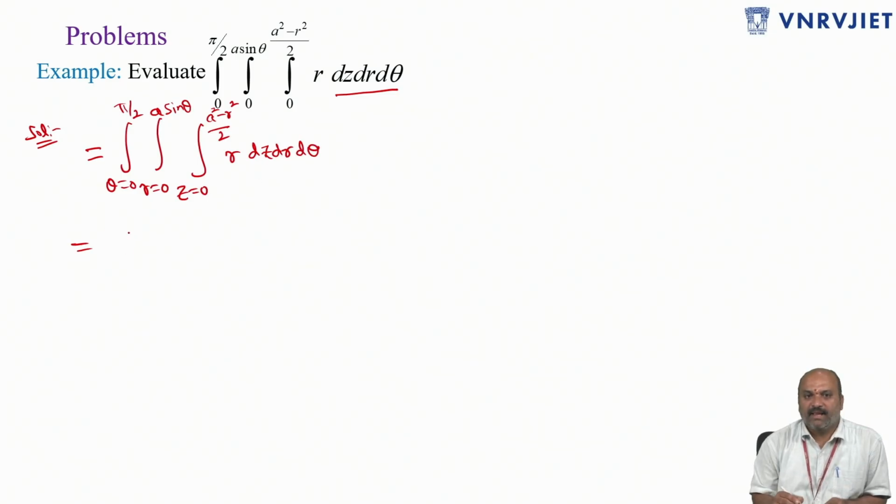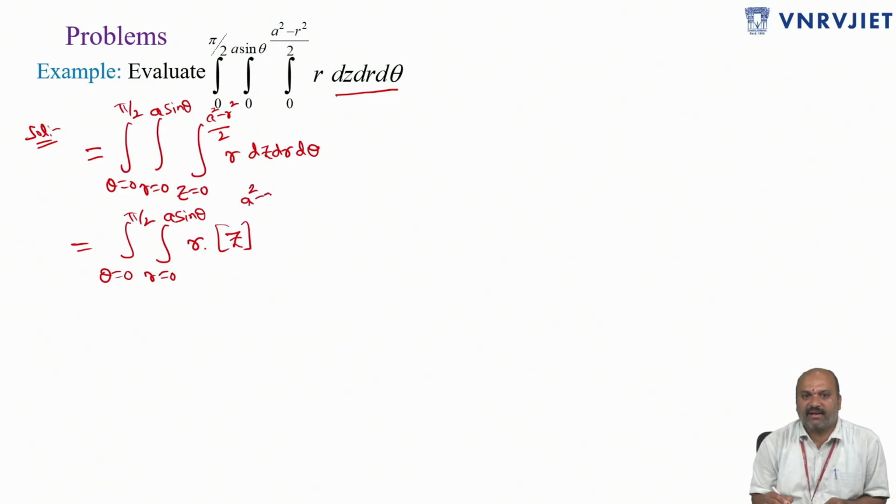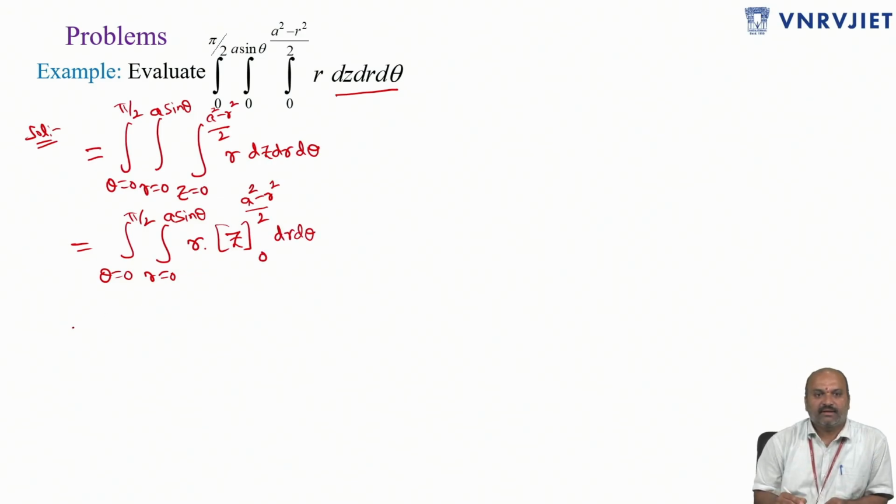Theta varies from 0 to pi by 2 and r varies from 0 to a sin theta. Now first we are integrating with respect to z. We treat r as constant and the integral of 1 dz is z. Let's substitute the limits: a square minus r square divided by 2, and the lower limit is 0, dr d theta.